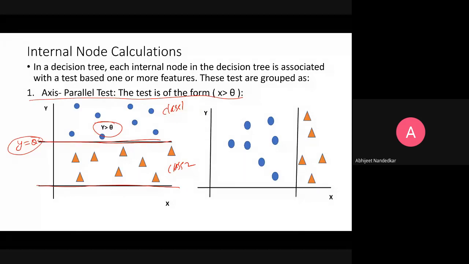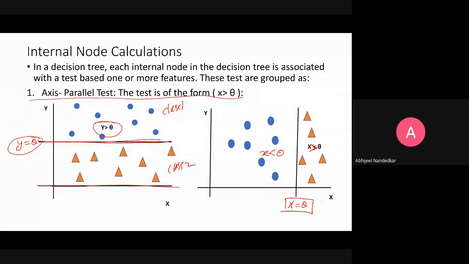Now in some other case, I can solve the problem with, say, x greater than theta this side and x less than theta this side of the line. So this line is implementing x equal to theta.